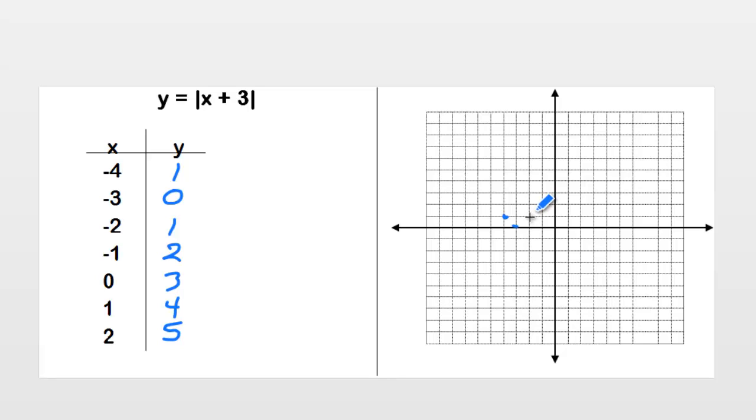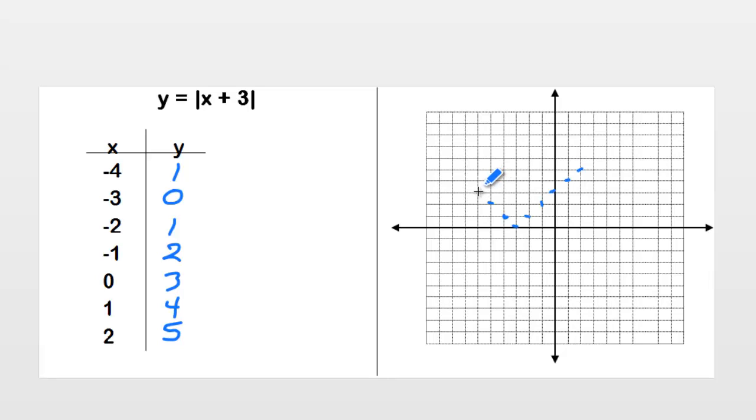When x is -1, y becomes 2. When x is 0, y is 3. When x is 1, y is 4. And we can see where this is going. This looks very similar to what we saw just a moment ago, only this V is now shifted over.